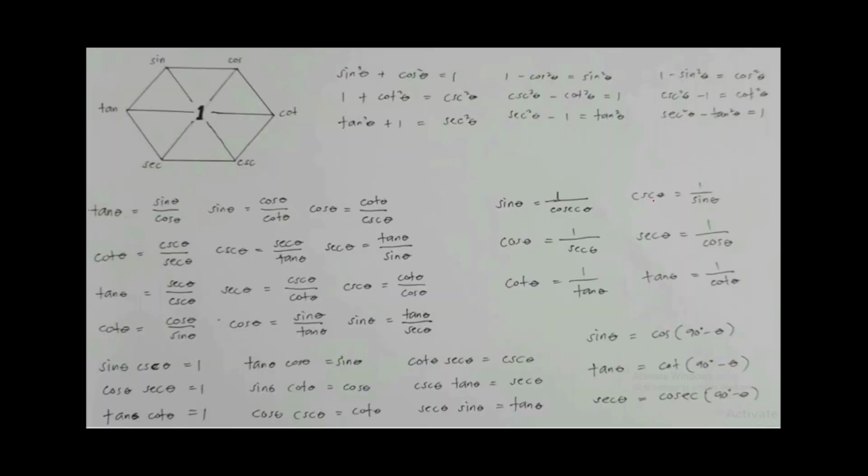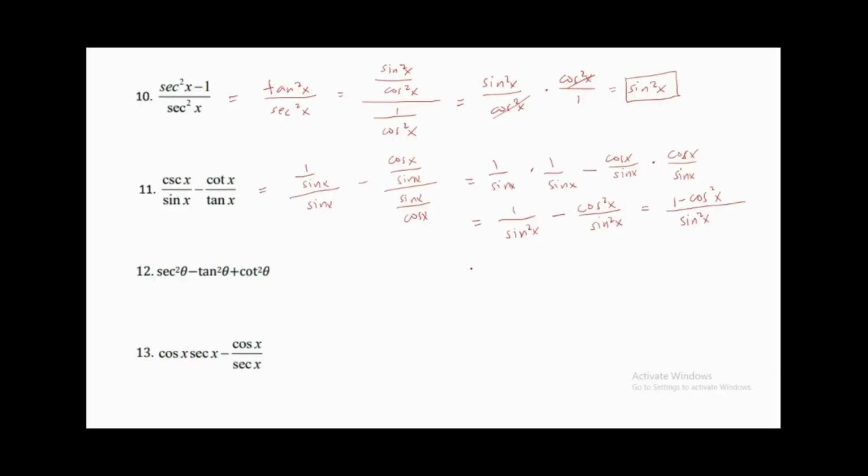Take note that 1 minus cosine squared x here is an identity in which 1 minus cosine squared is equal to sine squared. So, therefore, this becomes sine squared x over sine squared x, and that is equivalent to 1. So, the simplest form for this expression is 1.